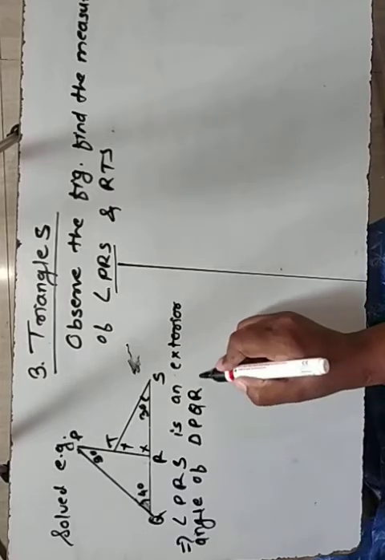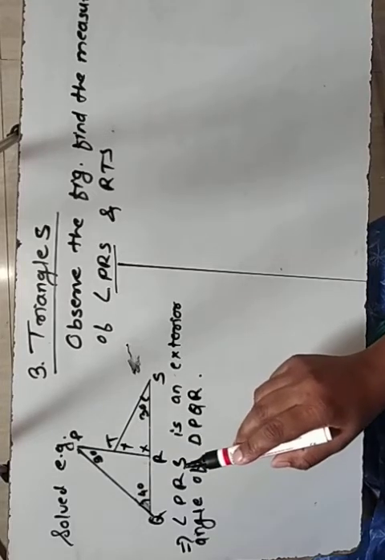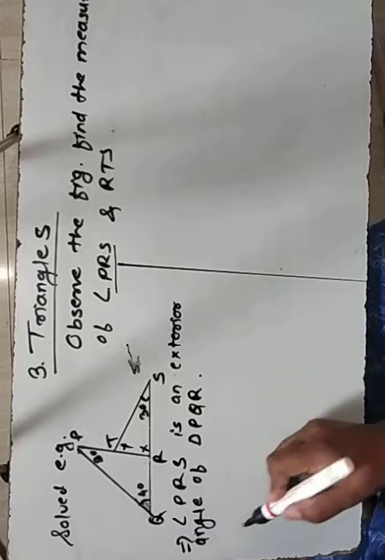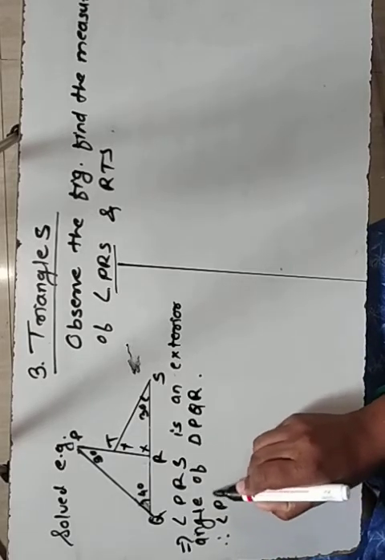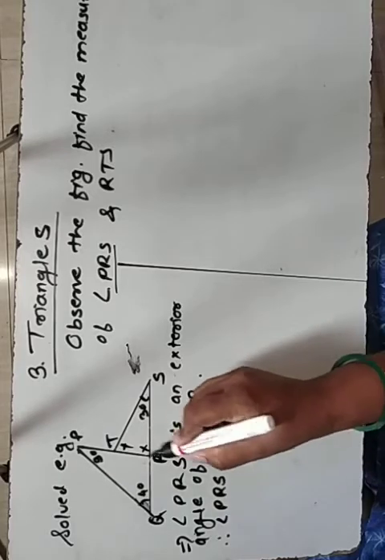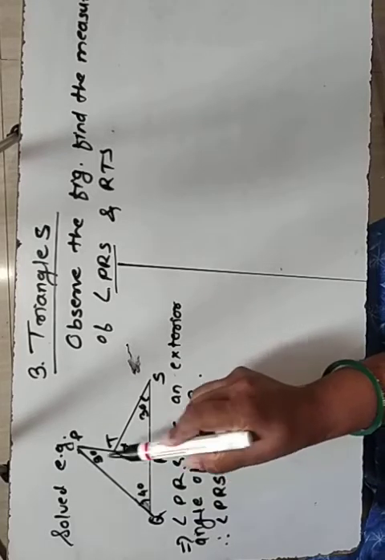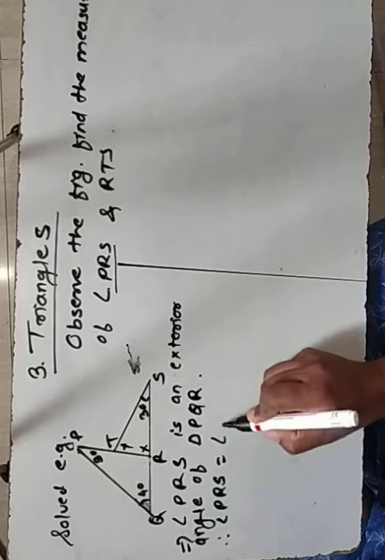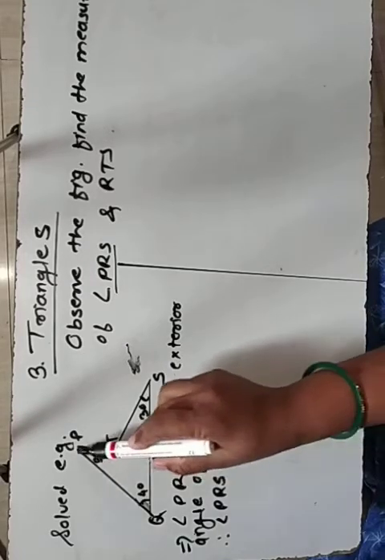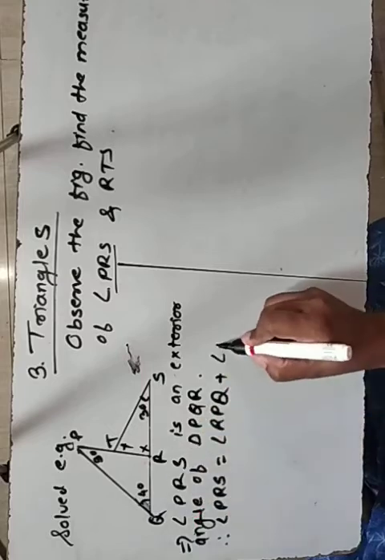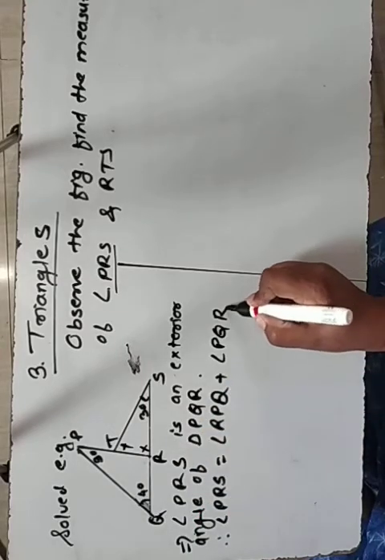As you know, the exterior angle is equal to the sum of the remote interior angles, that we had studied already. Therefore angle PRS is equal to angle RPQ plus angle PQR.